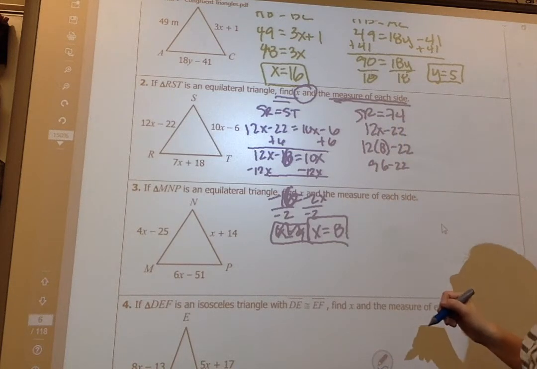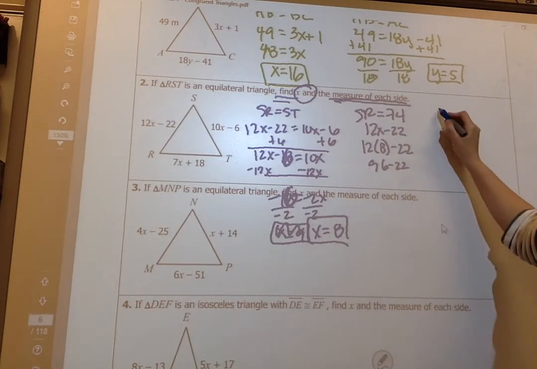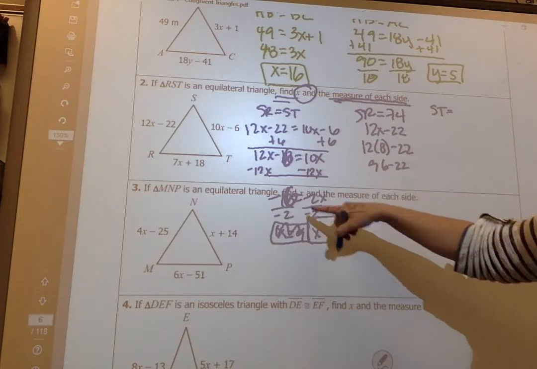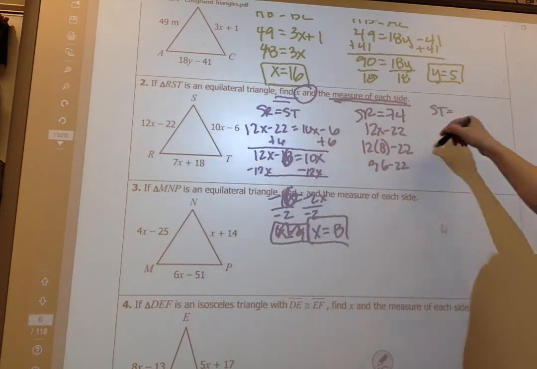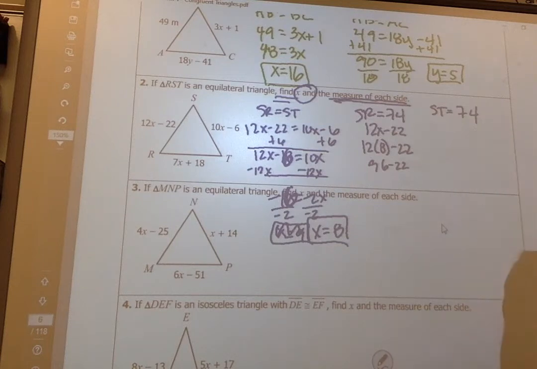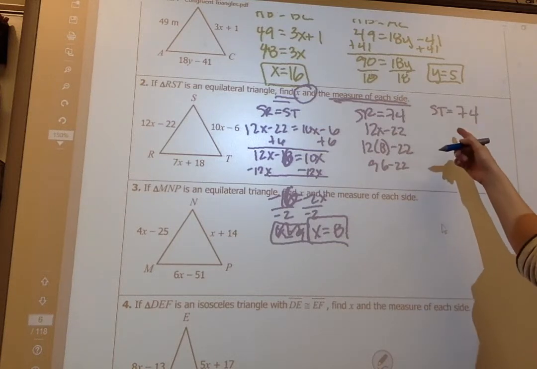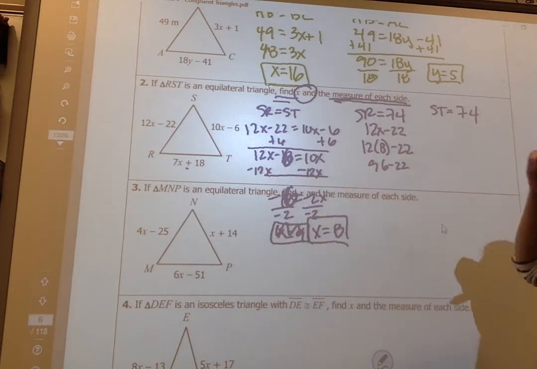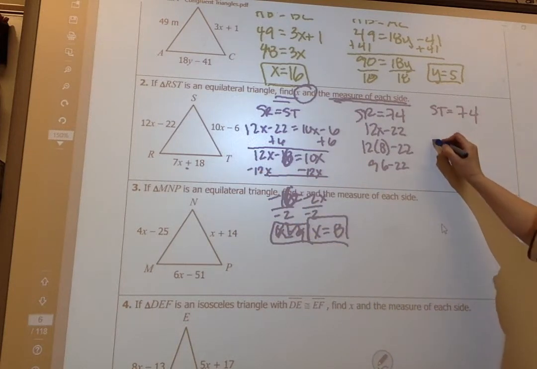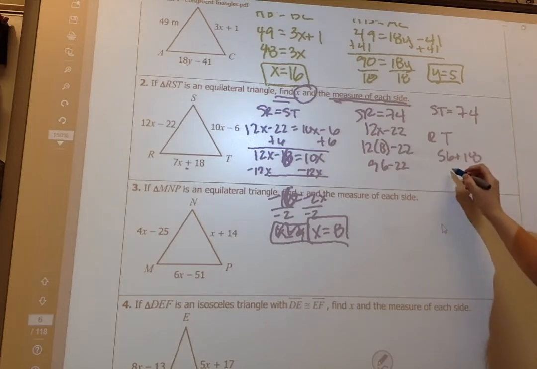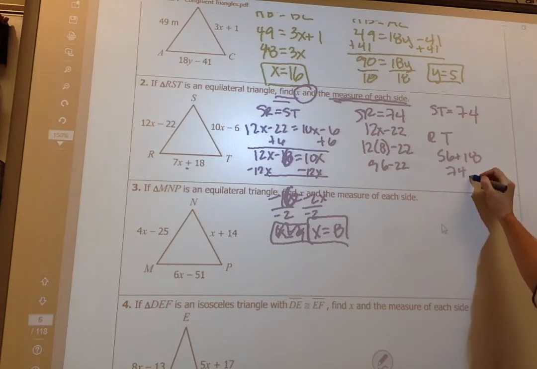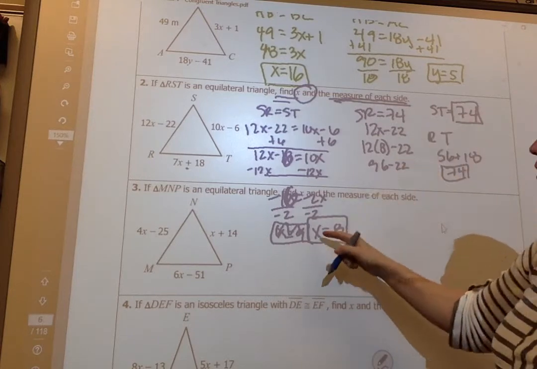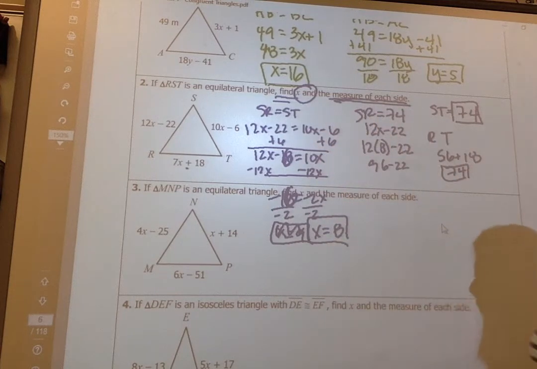ST, 80 minus 6 is 74, and then hopefully this one is also 74. When I plug in 8, 56, RT is 56 plus 18, and that is also 74. So it's perfect. I checked my answer because all of them are equilateral, so that's beautiful.